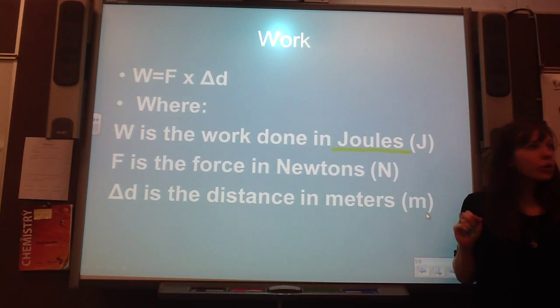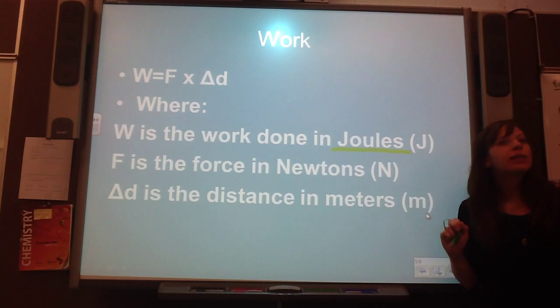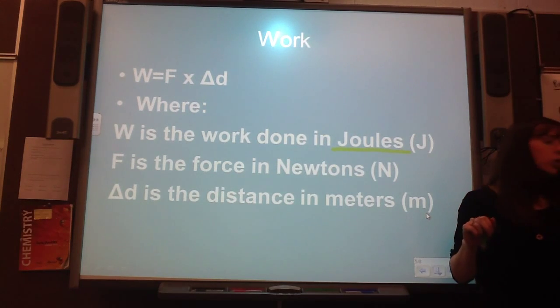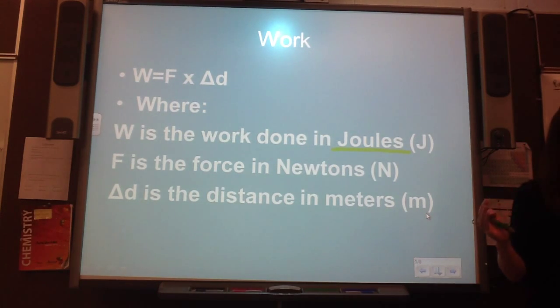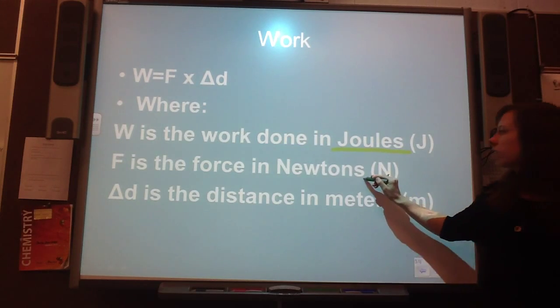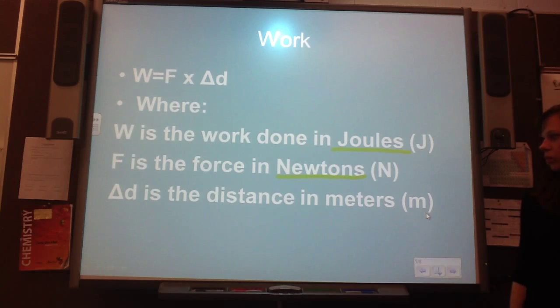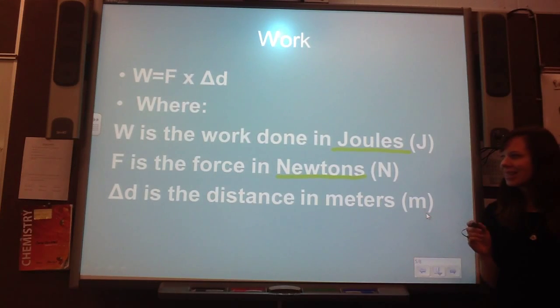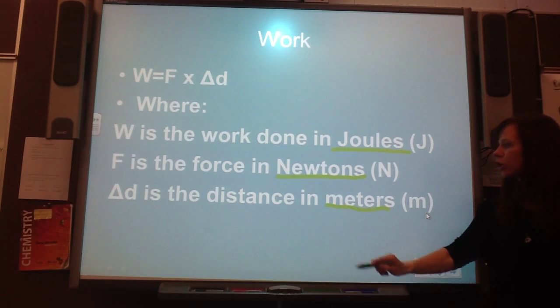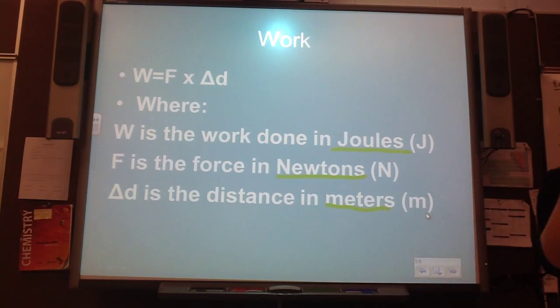Energy is also measured in joules, so work is like energy. We can almost think about them like they're the same word. Force is measured in newtons. And delta D, meaning change in D, is measured in meters. So fill in those little lines there that you have.